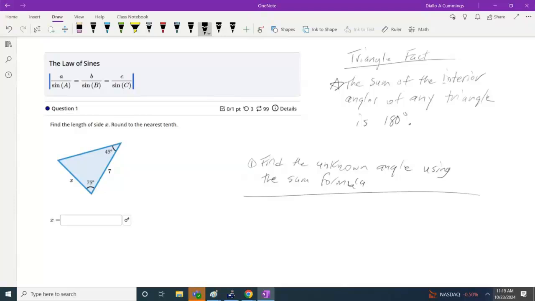Sometimes you're going to be able to find all three angle measures. Sometimes you're not. In this case, they give us two, but we're going to see an example in a second where they just give us one angle measure.